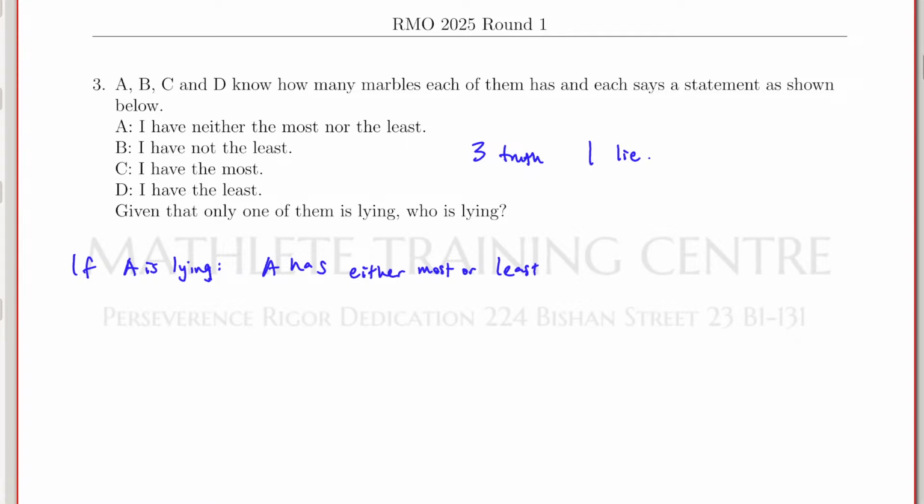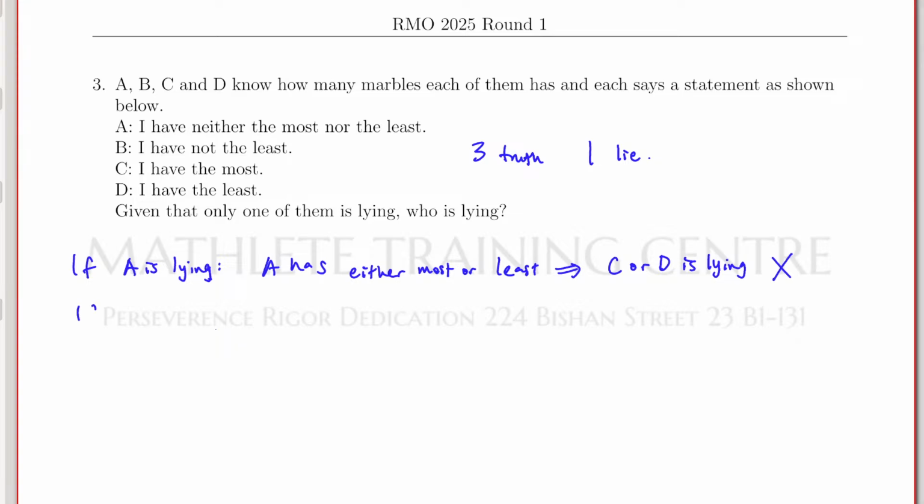And if A has either the most or the least, then we know that C or D is lying. And we know that it's not possible, because we cannot have 2 people who are lying at the same time.